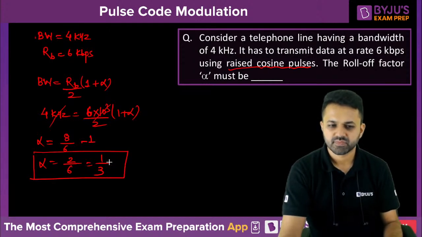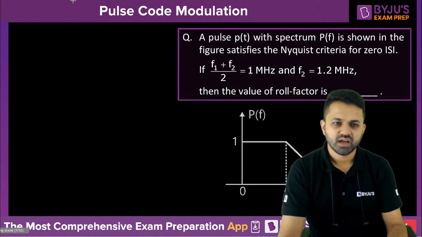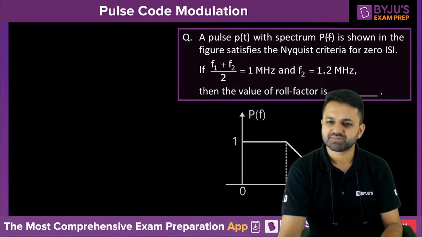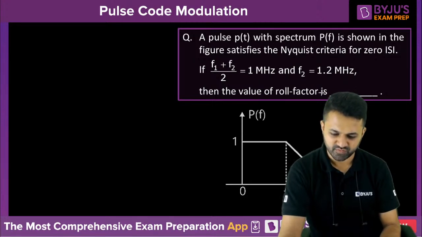Next, if you talk about this question: a pulse p(t) with the spectrum P(f) shown in the figure satisfies the Nyquist criterion for zero ISI. If (f1 plus f2) by 2 is equal to 1 megahertz and f2 is equal to 1.2 megahertz, then the roll-off factor is?